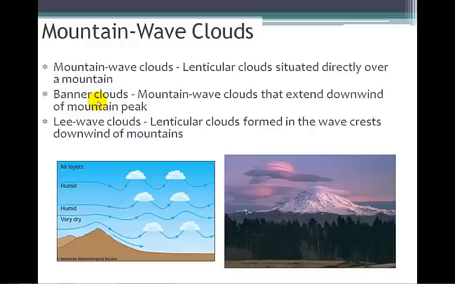There are some special types of clouds we'll talk about next, starting with mountain wave clouds. So when you have a mountain, it disrupts the airflow because of the topography. So if air is flowing in the direction that you see it here, when it encounters a mountain, it's forced to rise up, and it causes these kind of ripples in the atmosphere.